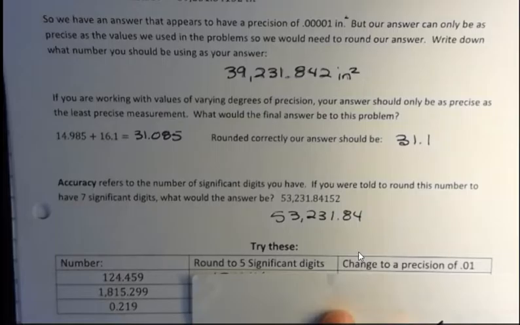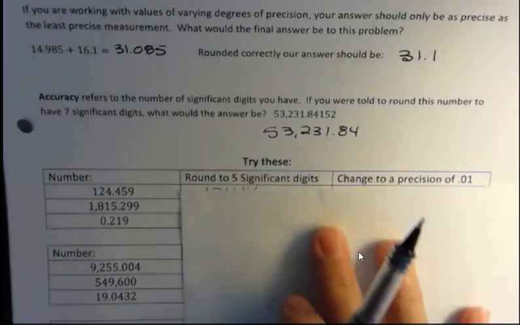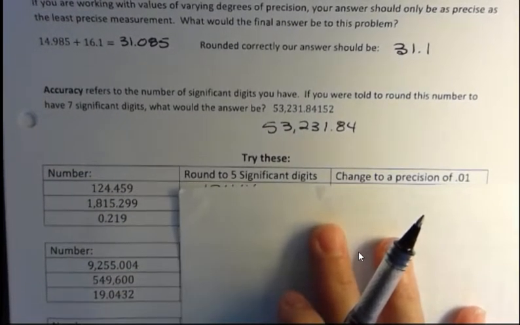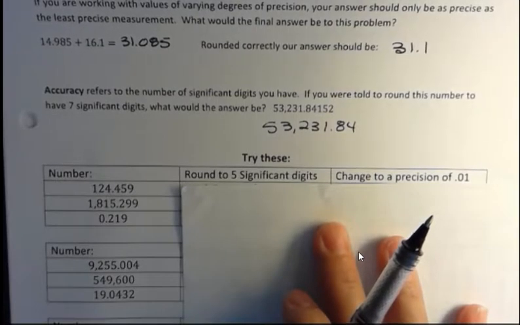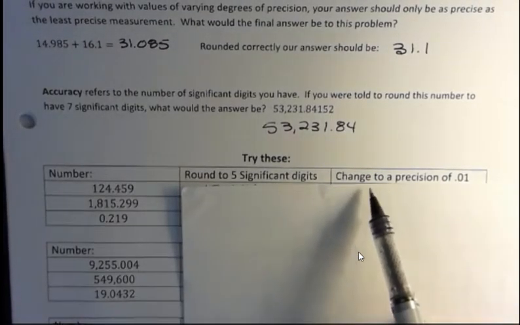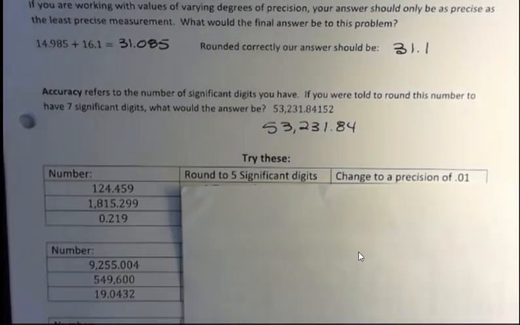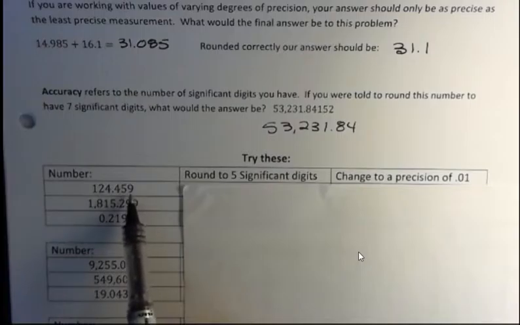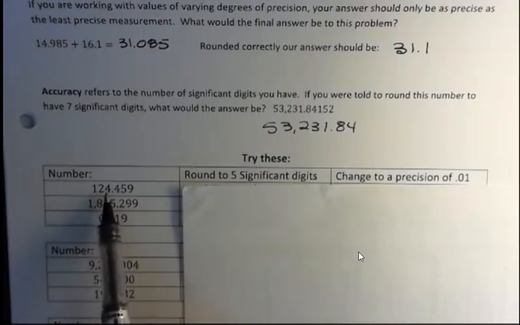Okay, so let's look at this first problem set that I have. Again, I filled it out already, so I'm kind of just hiding it. Round this to 5 significant digits. That's talking about accuracy. Or change the precision to be 1/100th. Well, right now we have a precision to the thousandths, and we have 6 significant digits. So in order to make 5, we would just count 1, 2, 3, 4, 5.